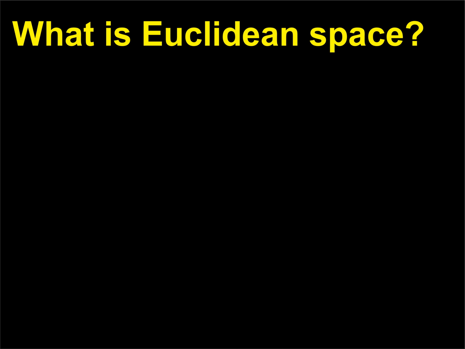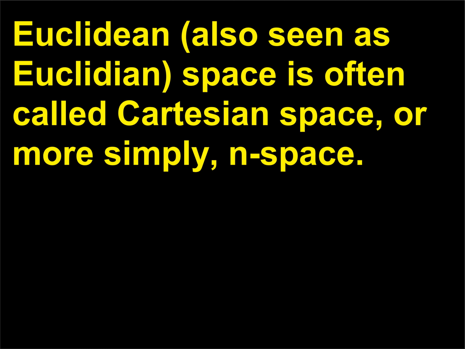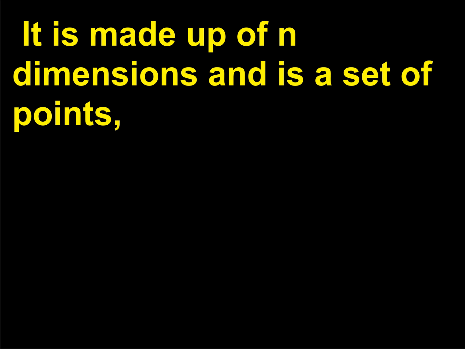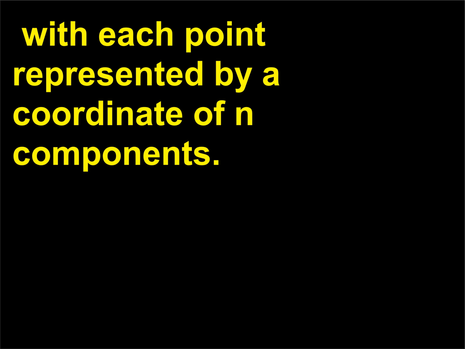What is Euclidean space? Euclidean, also seen as Euclidian, space is often called Cartesian space, or more simply, n-space. It is made up of n dimensions and is a set of points, with each point represented by a coordinate of n components.